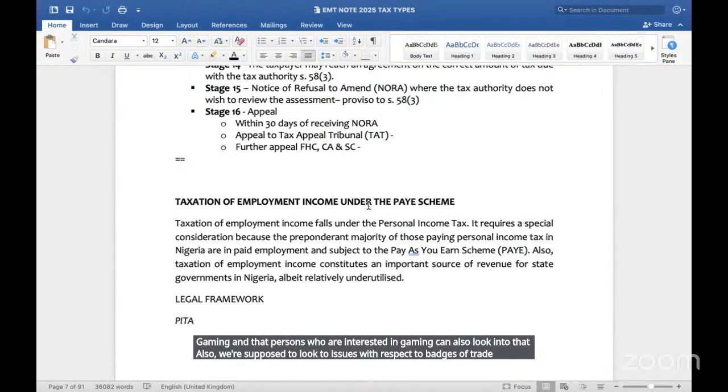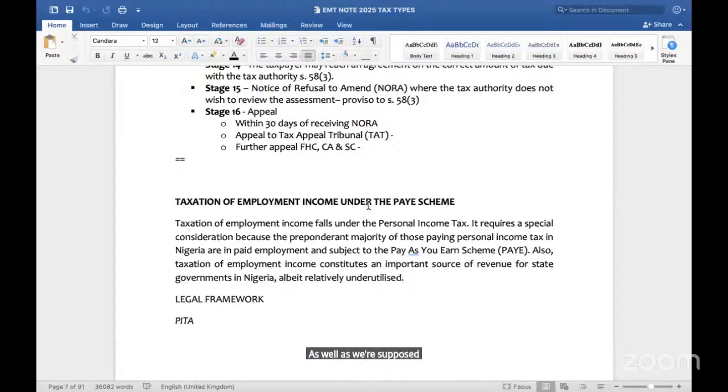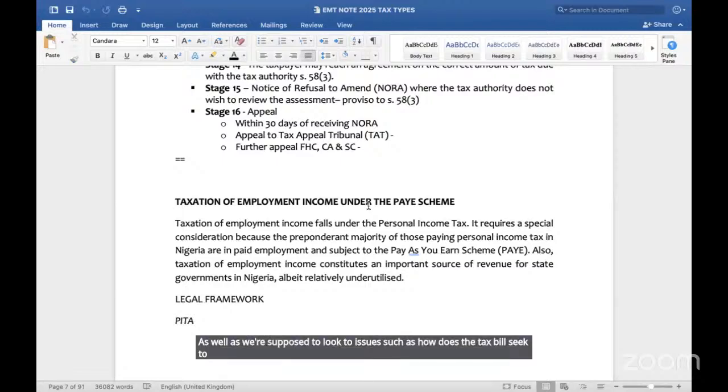Also, we're supposed to look at badges of trade, for the determination of what exactly constitutes trade, as well as how the tax bill seeks to make REN, that is deductible expenses, the REN test, more liberal as opposed to as stringent as it is now.